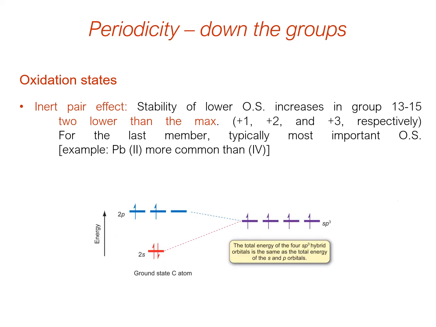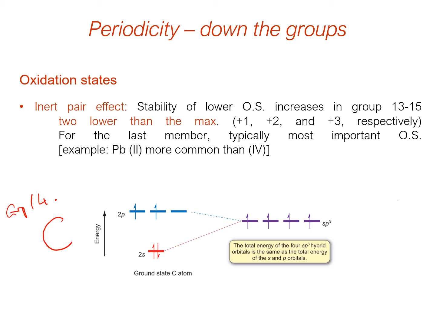So here's what I was saying. Let's look at the explanation using this figure that I've actually taken from the first lecture. When we were looking at valence bond theory, we looked at this, and this is an example for carbon, which is group 14. But this can be adapted for groups 13 and 15, going down the group as well. Let's quickly recap what happens when we're doing orbital hybridization.